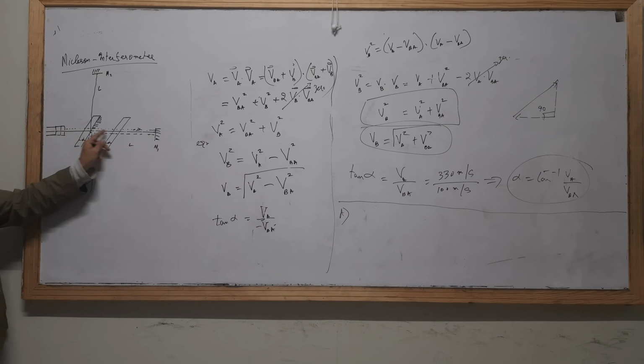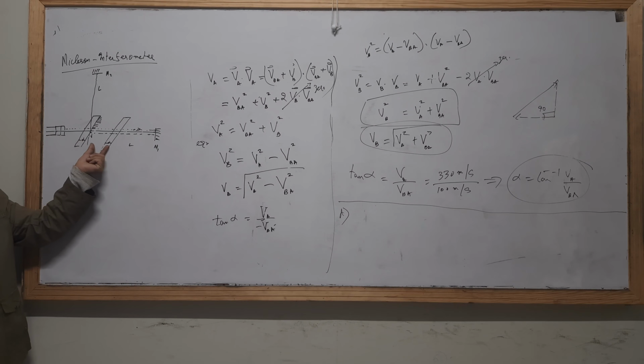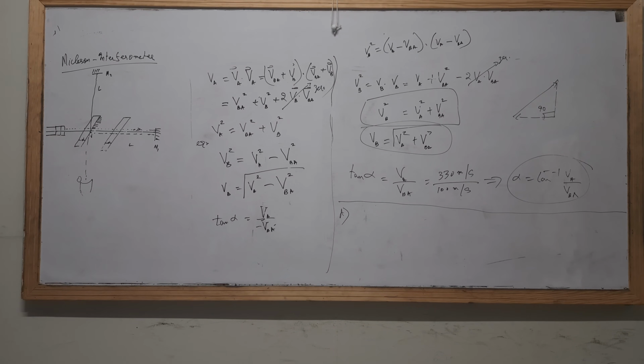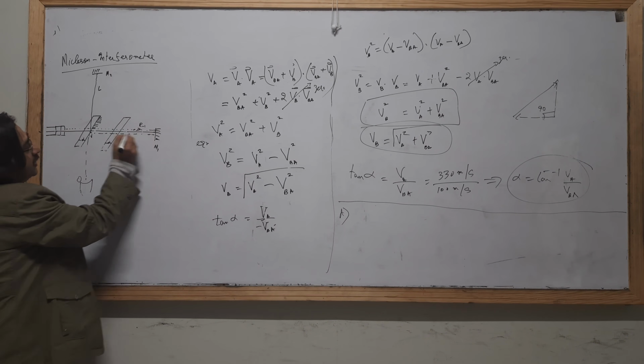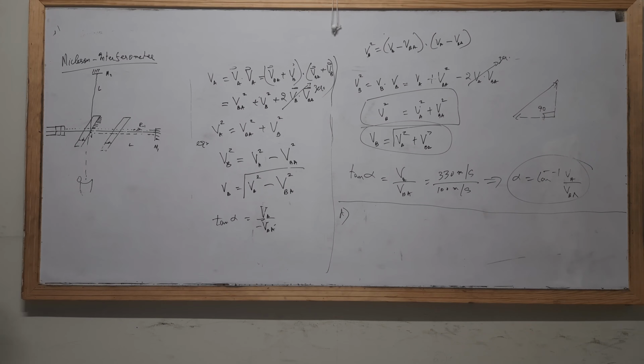So the change in wavelength will occur due to the 3D medium, 3D thickness of D. Ray 1 is passing three times through these mirrors.